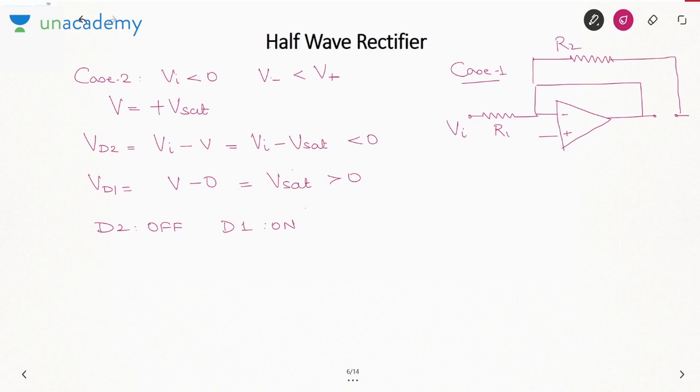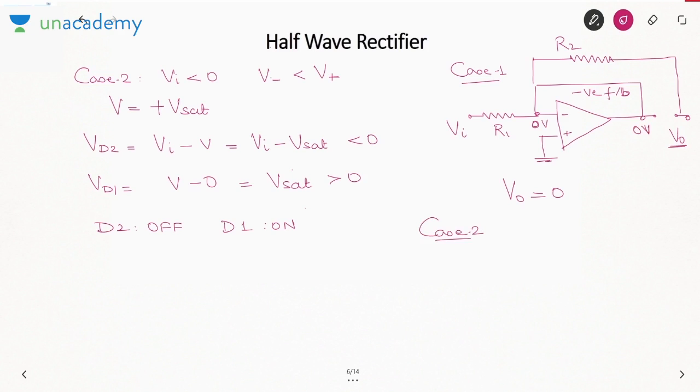So in this case, the current cannot reach V0. If the current cannot reach V0, V0 will be 0. See, first of all, there is negative feedback. If there is negative feedback, then we can apply virtual ground. This is 0 volt. This will also be 0 volt. So V0 will also come out to be 0.